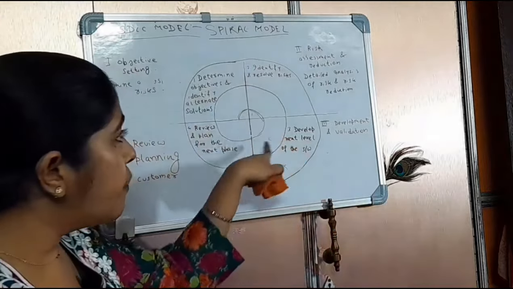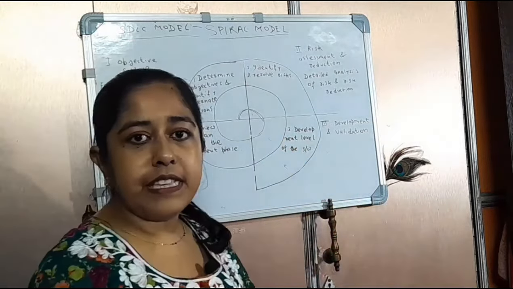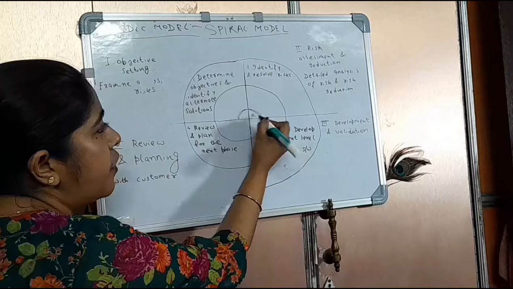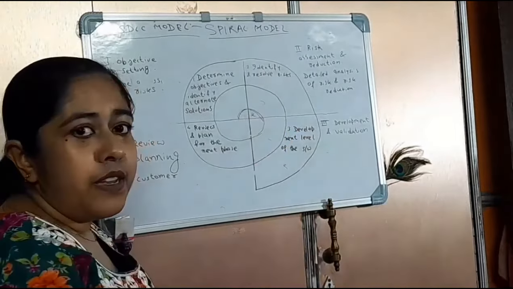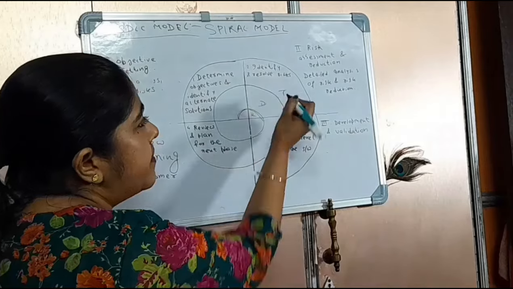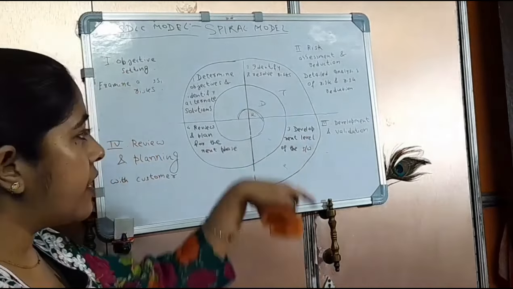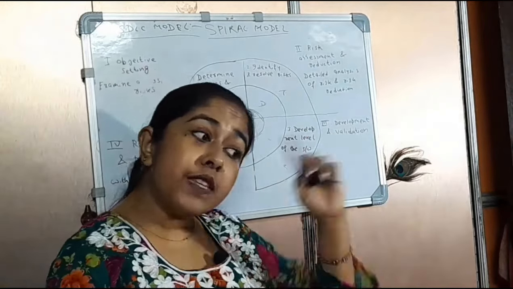So every loop signifies a particular phase. Suppose this loop is for requirement analysis, then this will be our designing loop, this will be for testing, and it goes on like this.